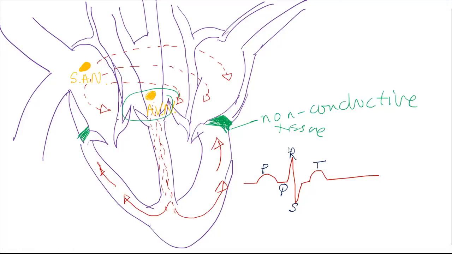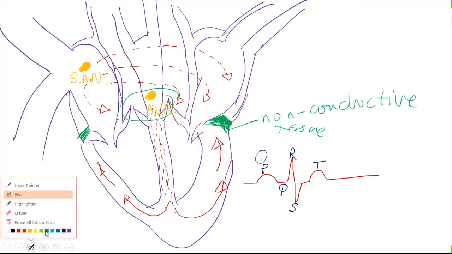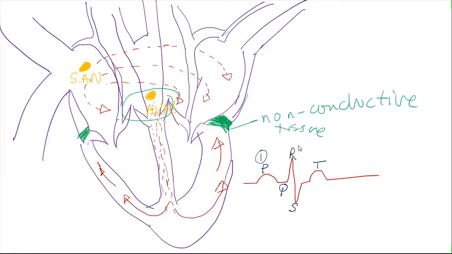The P wave simply, now go back to the cardiac cycle. What's the first stage of the cardiac cycle? Atrial systole. The QRS complex is the second stage. What does that refer to? This is the ventricular systole. The third one, the T wave, refers to the diastole.